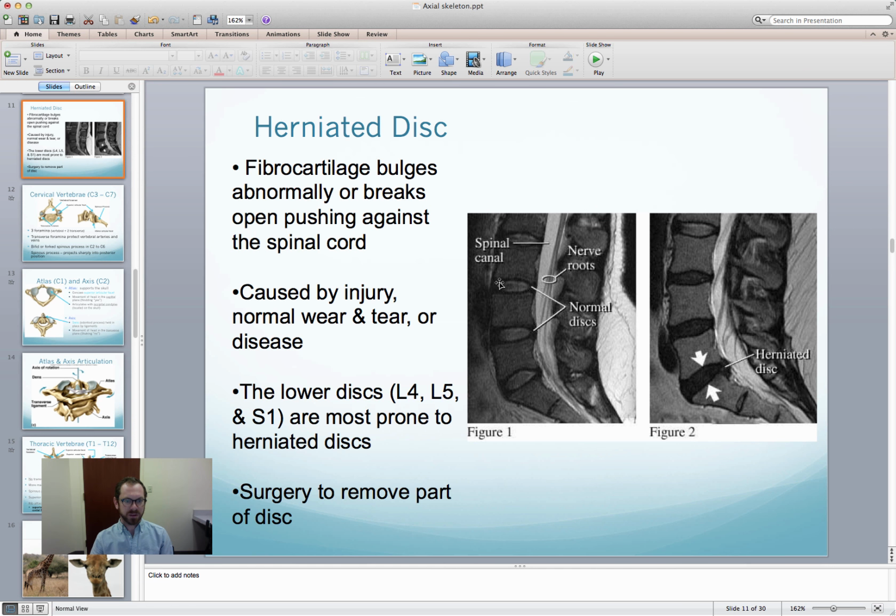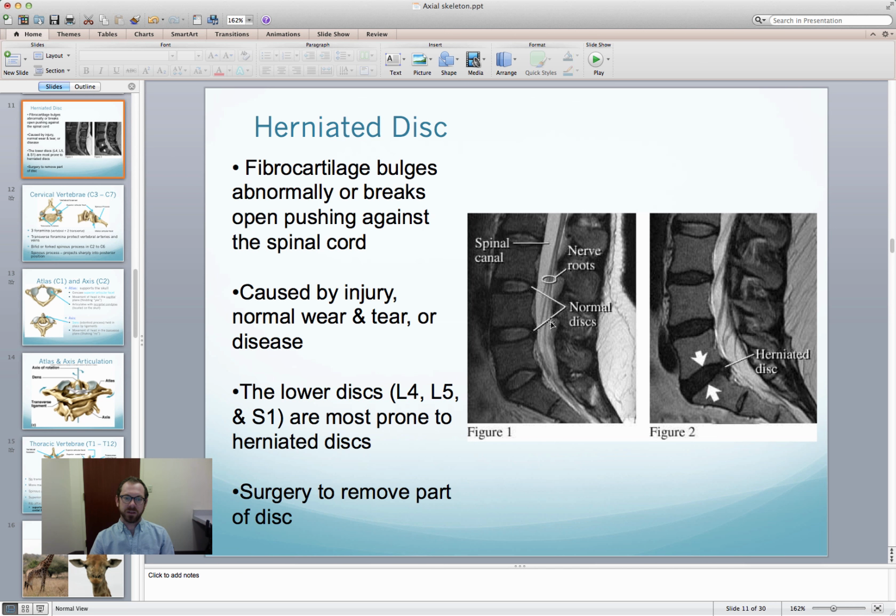And you typically experience this in the lower regions, particularly in the lumbar region, L4, L5. And that's because that's where most of your weight is concentrated. So there's a lot of pressure, a lot of stress put on these discs. And so it's typical for one of those lower lumbar vertebrae to actually herniate.